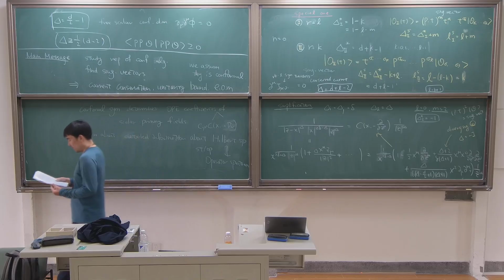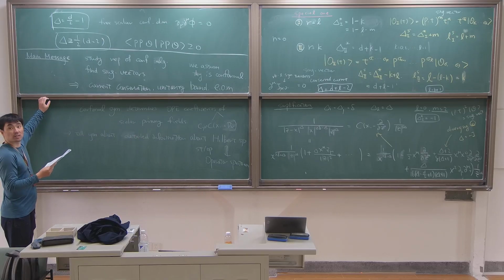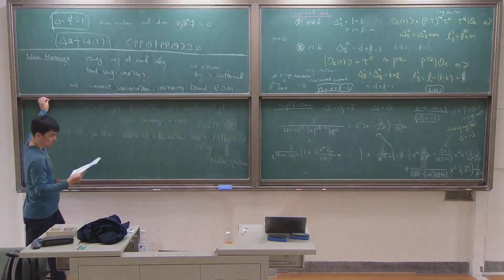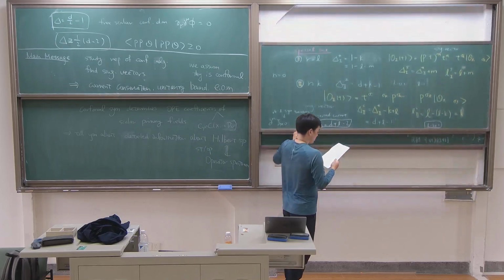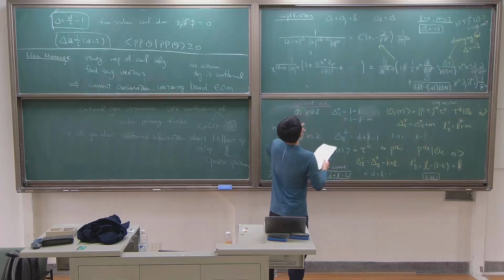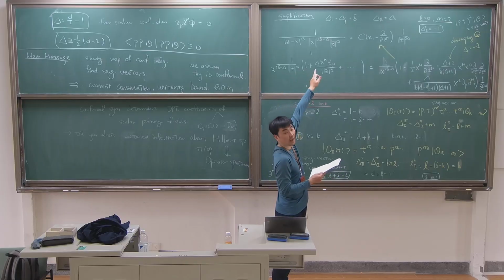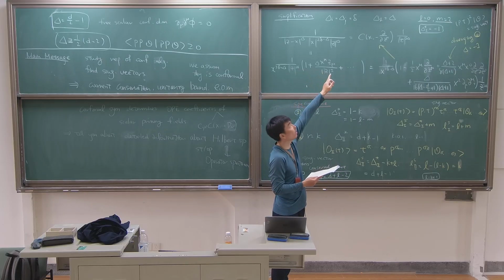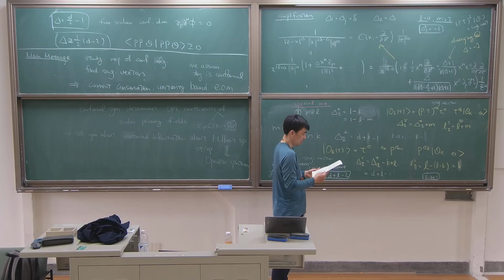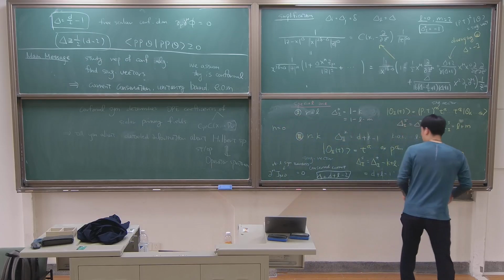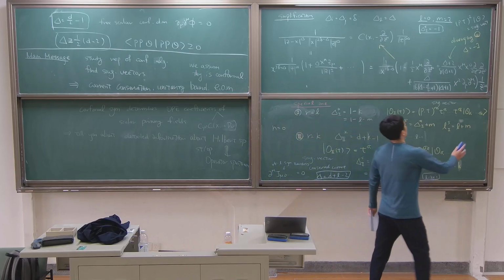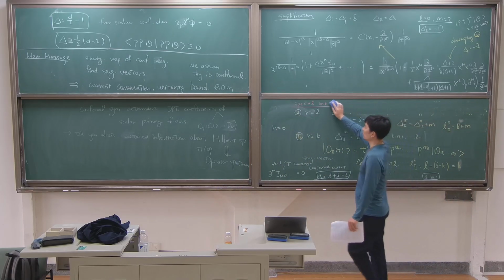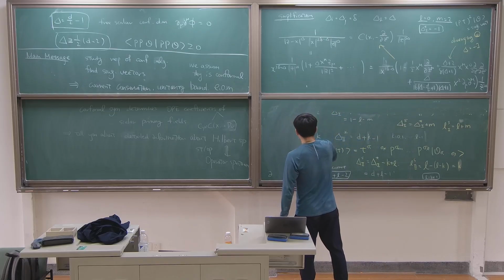Let me write down the final expression. So for this analysis, the simplification is delta I is equal to delta J is equal to small delta. This is the simplification we take. But we can just consider the generic case. Now I can erase this number 1, number 2 condition.